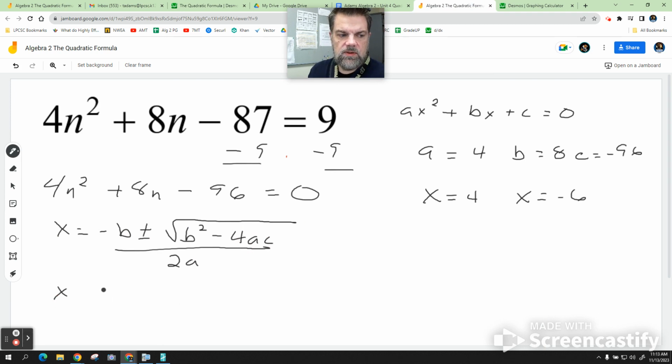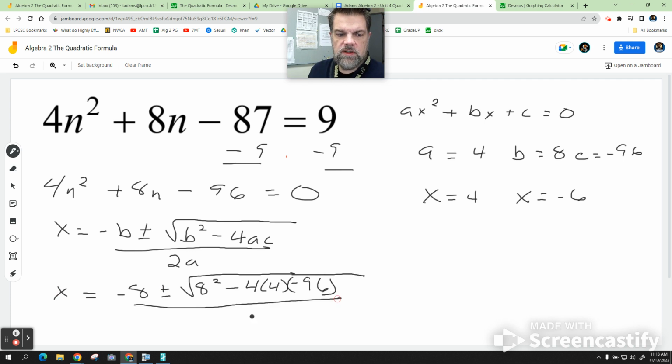X equals negative 8 plus or minus the square root of 8 squared minus 4 times 4 times negative 96. Holy moly, that's going to be a big number. All over 2 times 4.